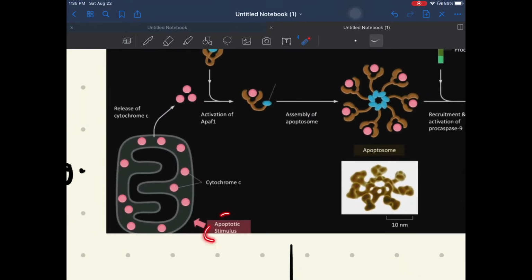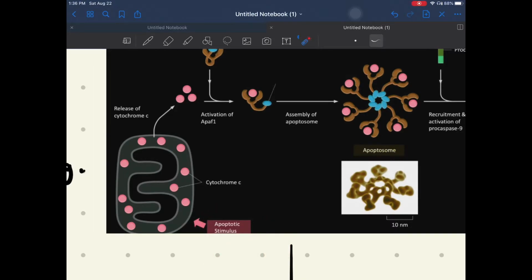So the first thing that you have is an apoptotic stimulus. That death signal, which is from DNA damage or anything else, leads to this apoptotic stimulus being formed. And then what happens is that you're going to have a pro-apoptotic protein regulated, such as BAX.